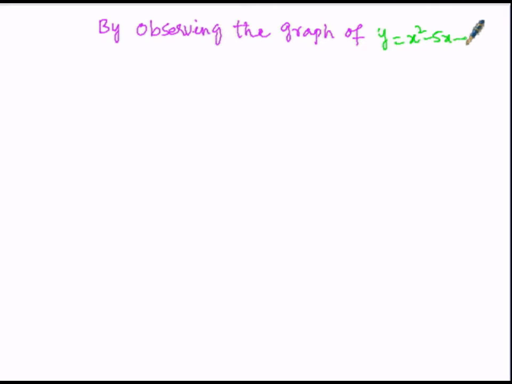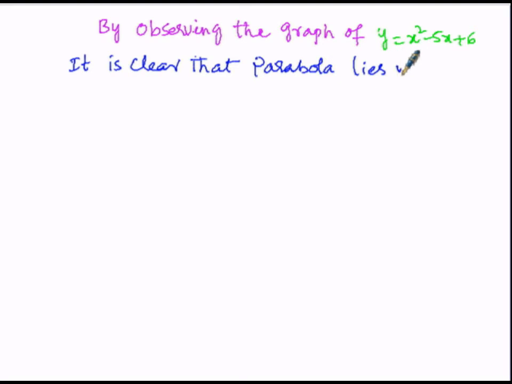By observing the graph of y equals x square minus 5x plus 6, it is clear that the parabola lies in all the quadrants.